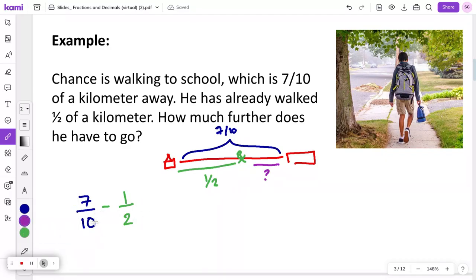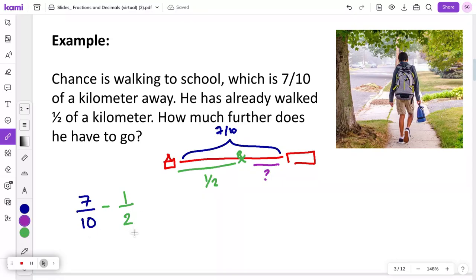Now, I know I want to subtract these two fractions, but in order to subtract these fractions, there's something I need to change. If you want to add or subtract fractions, you need the denominator to be the same. That's that bottom number. And right now, I've got a 10 and a 2. They are not the same. So before I can subtract, I need to make them the same by finding an equivalent fraction that has the same denominator.